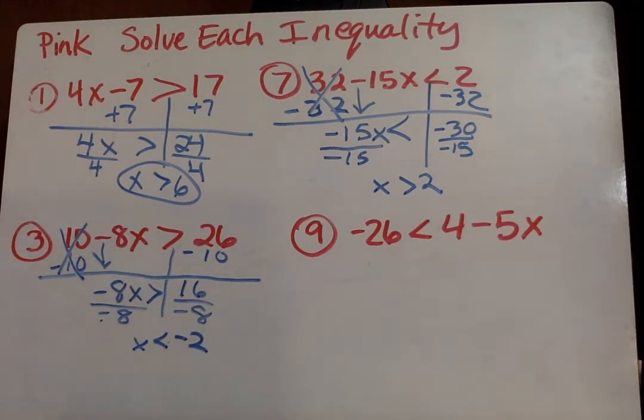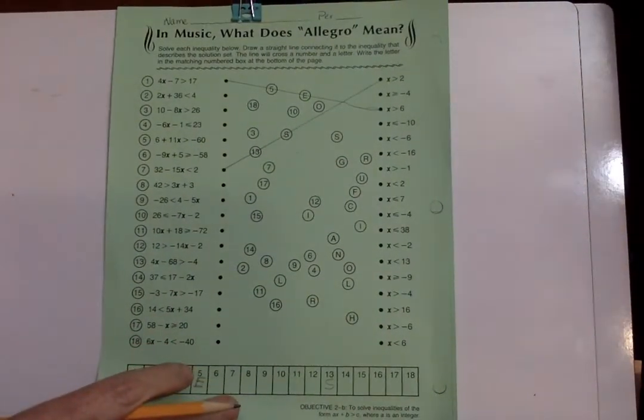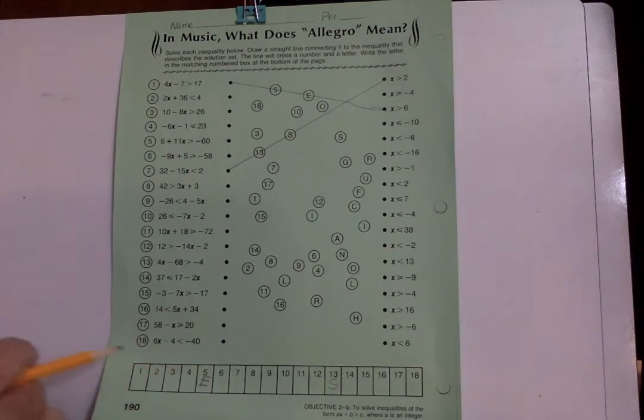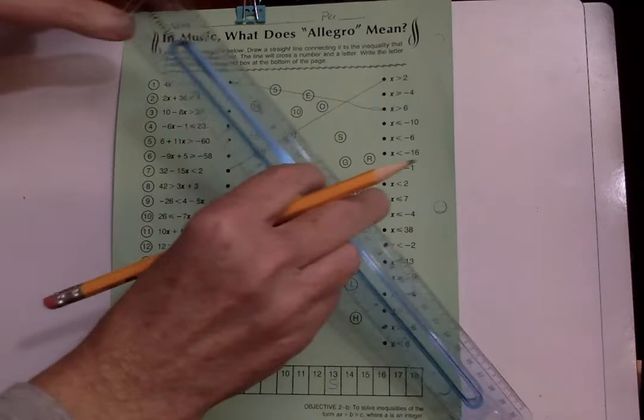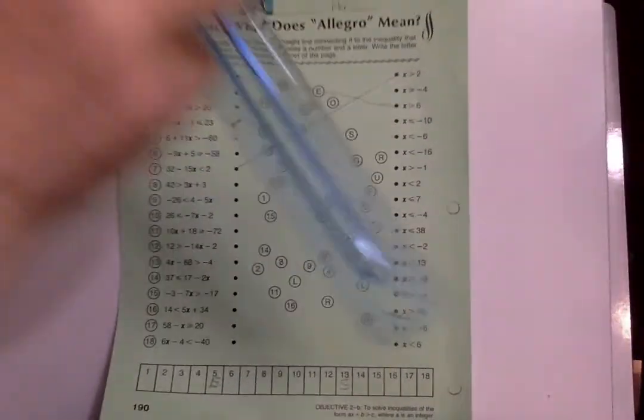So again, that's number 3, and x is less than -2. And that was number 3, wasn't it? Yes, x is less than -2.